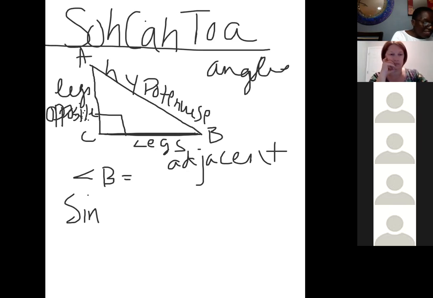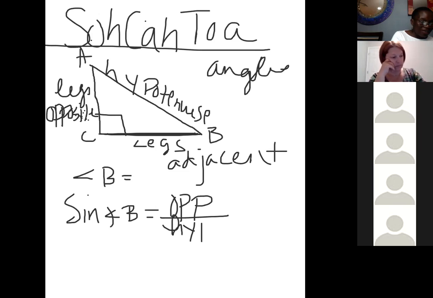The sine of angle B would equal O, the length of the opposite side, over H, the hypotenuse. So it's a ratio representing the length of the opposite side of the right triangle over the length of the hypotenuse of the right triangle.